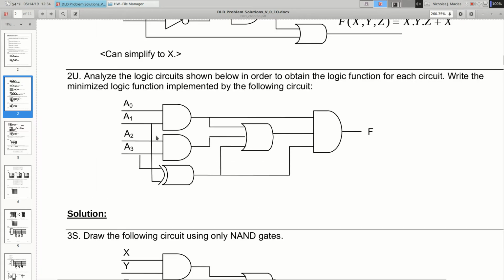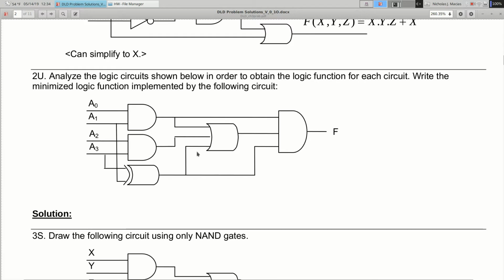So this circuit down here. So this is A0, A1, this is A2, A3, this is A1 XOR A3. Those three things I just said get ORed together to give you this, and that gets ANDed with the first and third things that I said. And you get this big long expression, right?